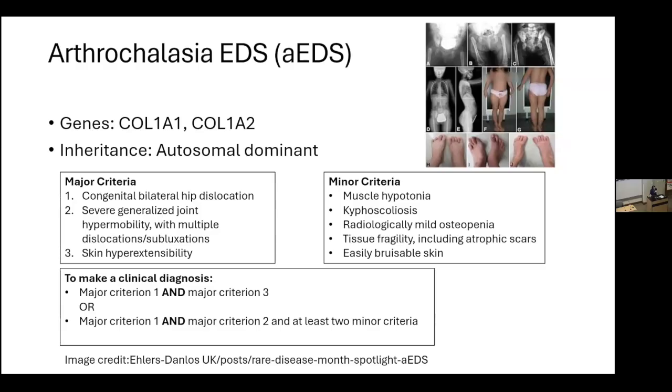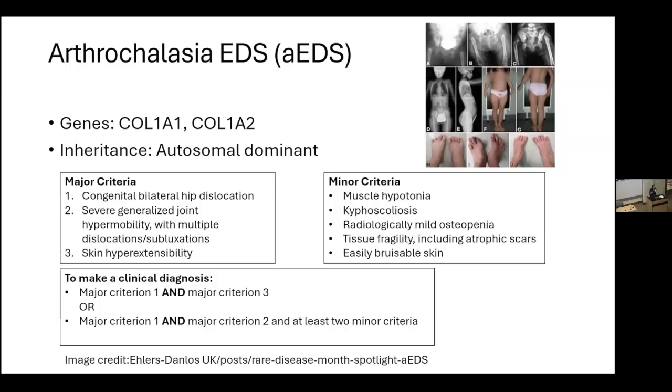They have severe generalized joint hypermobility and instability with multiple dislocations and subluxations and skin that is unusually stretchy. And for this one, the major criteria 1 and 3 are necessary to make a clinical diagnosis, or major criteria 1 and 2, and at least 2 minor criteria.